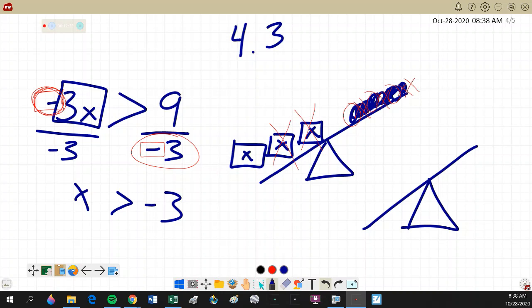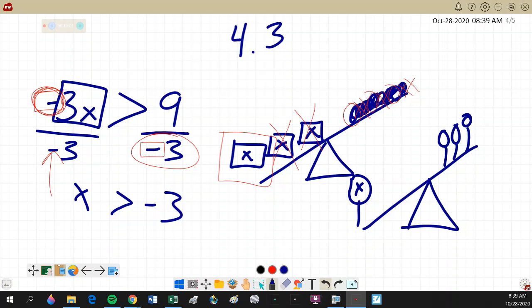What's on the left side? An x that's pushing up or down? Well, it was pushing down here, but when you divide by a negative, now it's an x balloon. Right? And what's on the right? 3 balloons. Okay? Now, that picture is wrong.